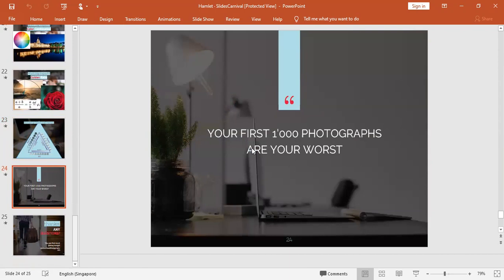Your first 1,000 photographs are your worst. I have put this to give you some knowledge, because sometimes you might have taken 5,000, 10,000, even a million pictures. But your first 1,000 pictures are the worst. When you take a picture and show it to a friend, a lecturer, or a family member who is a professional photographer, they will guide you.